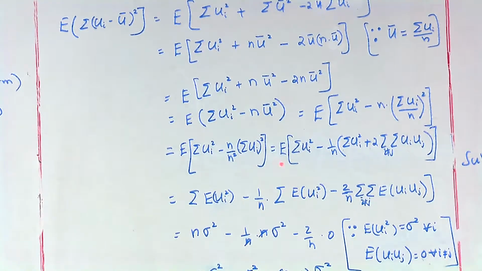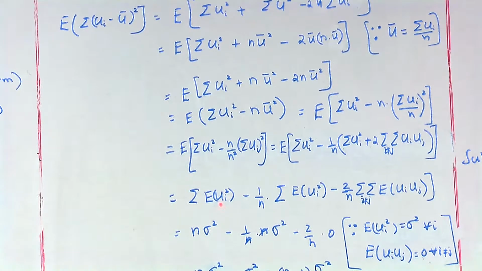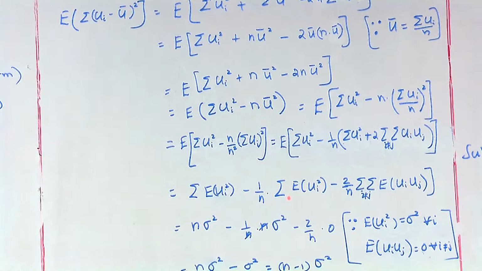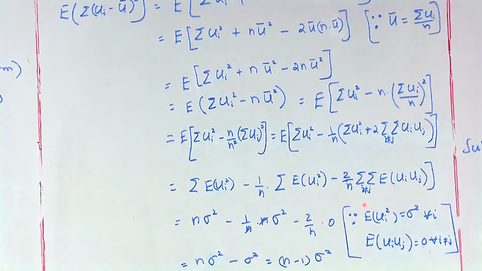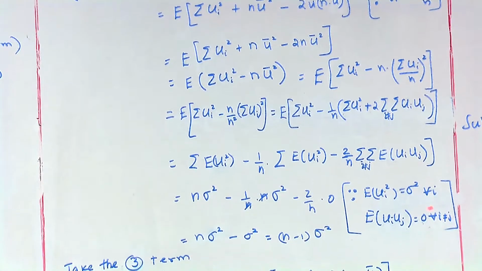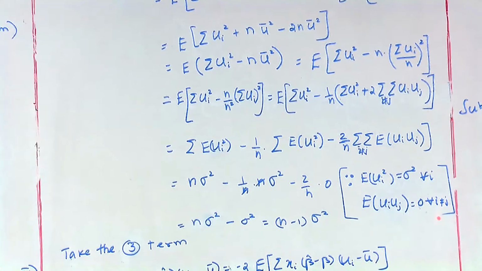Now we take the expectations inside. So we get Σ expectation of ui square minus 1 by n expectation of ui square minus 2 by n double Σ, i not equal to j, expectation of ui uj. Now we know the OLS assumption: the expectation of ui square is equal to σ square for every i, and the expectation of ui uj is equal to 0 for every i not equal to j.